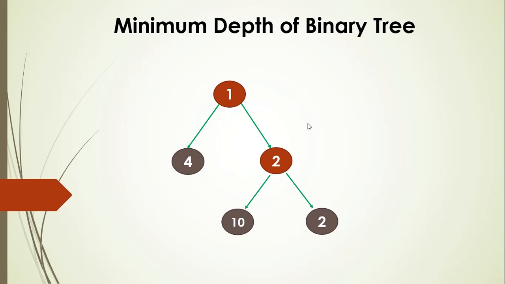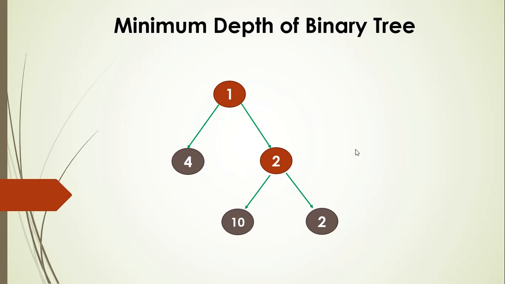When we explore our tree and try to explore all the paths from the root node to the leaf nodes, whenever we reach a node that doesn't have any children, that will be our leaf node, and we stop there and treat that as a path, and we need to find the number of nodes in that path.